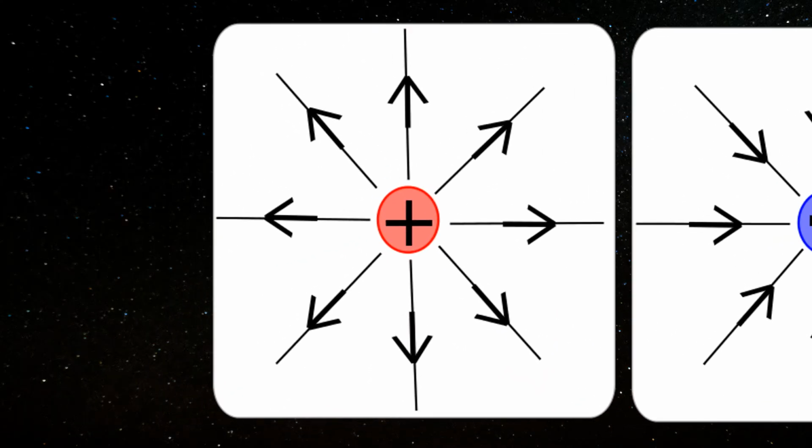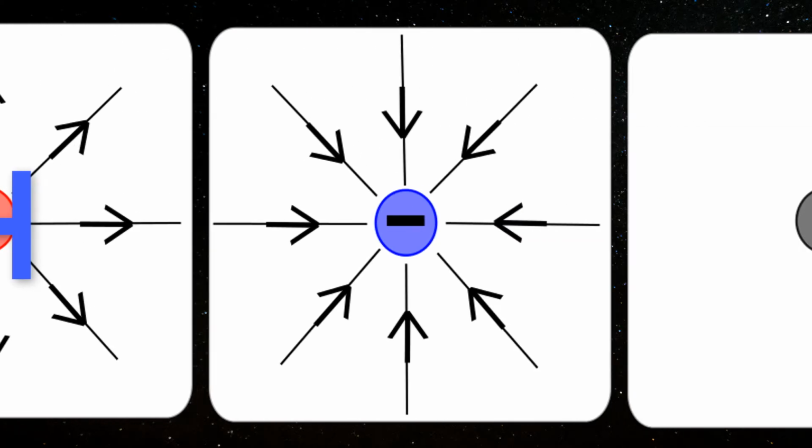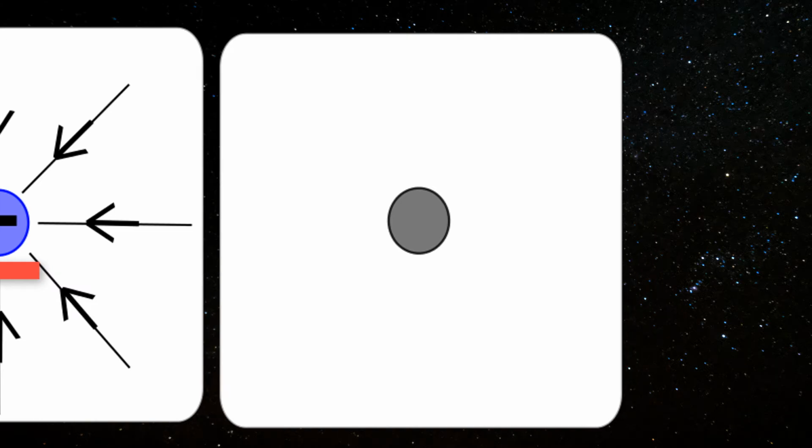This would mean that a positive charge is resultant from a system being high pressure relative to its environment, while a negative charge results from a system being low pressure relative to its environment, and a neutral charge results from a system being in equilibrium with its environment.